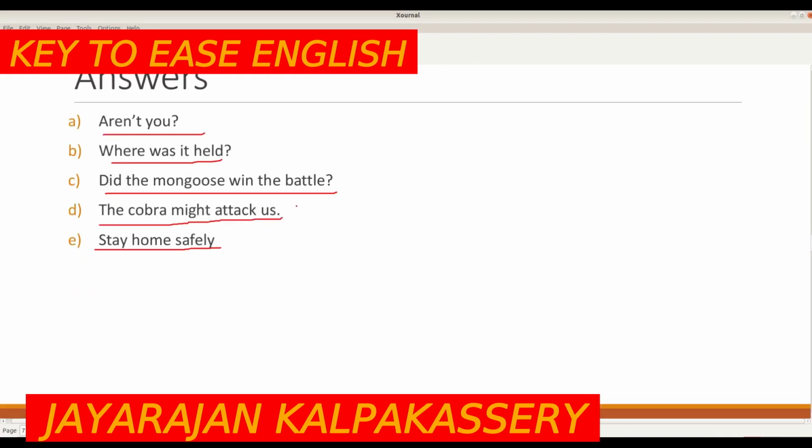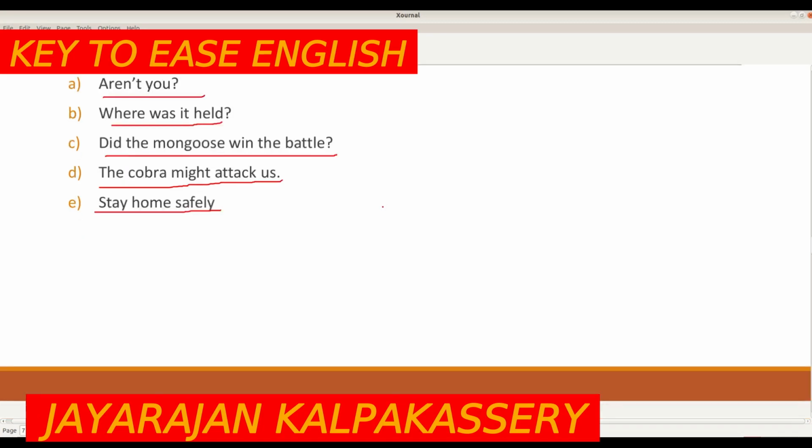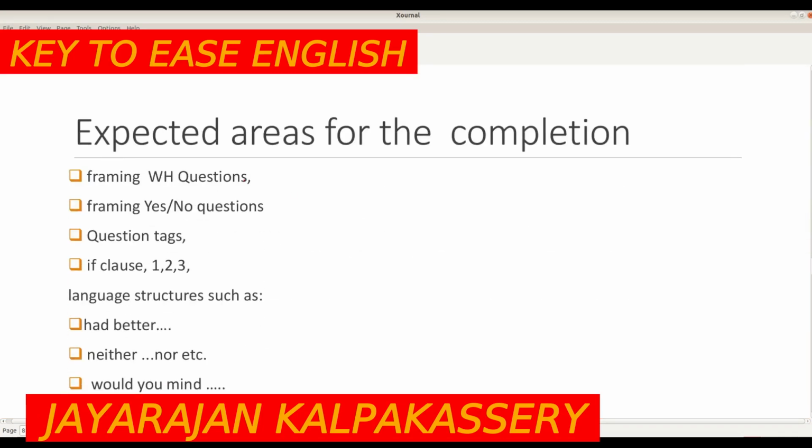Now, let us think what are the areas, what all questions will be asked in this one. So that will be the expected areas for the completion. The first thing, as we have discussed, is framing WH questions. That you are familiar with.